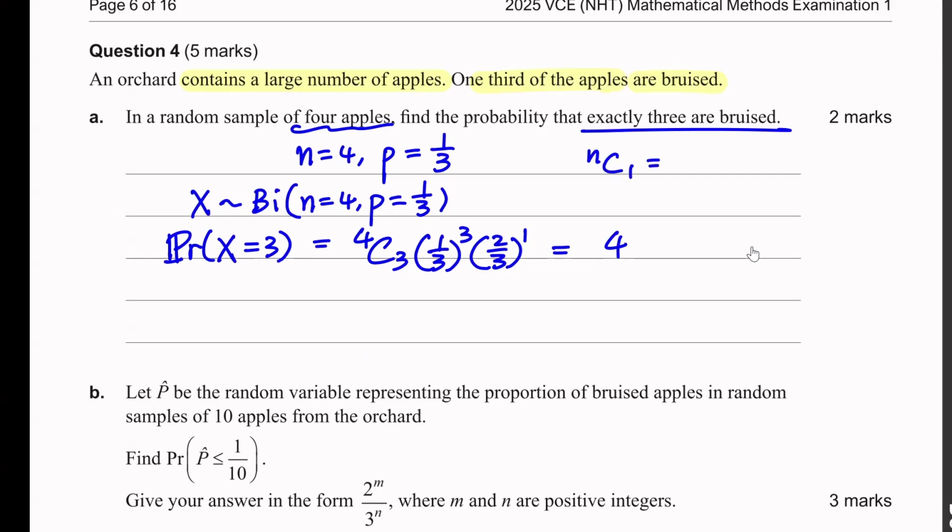Remember, n choose 1 equals n choose n minus 1. That's n. Times (1/3)^3 times 2/3. So you actually get 8 divided by 3 to the power 4, that is 8 divided by 81.